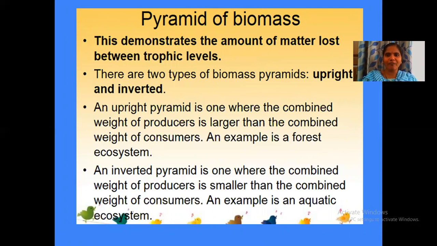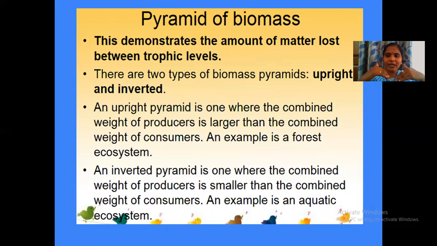The pyramid of biomass can be in two ways. It can be upright. Upright means the base of the pyramid is broader, and when we move to the top of the pyramid, it becomes narrow. This type of representation is what is called upright.